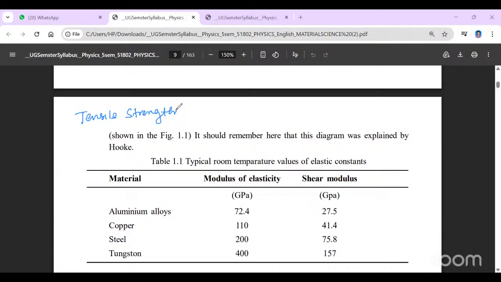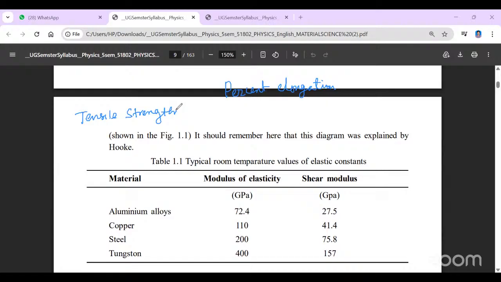And similarly, we have another definition here, which we call percent elongation. Okay, percent elongation. So percent elongation is how much elongation takes place in a particular specimen when we apply some amount of force.